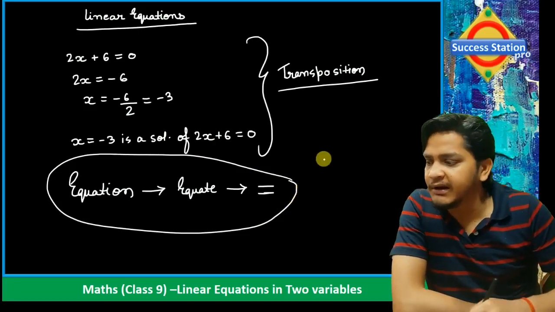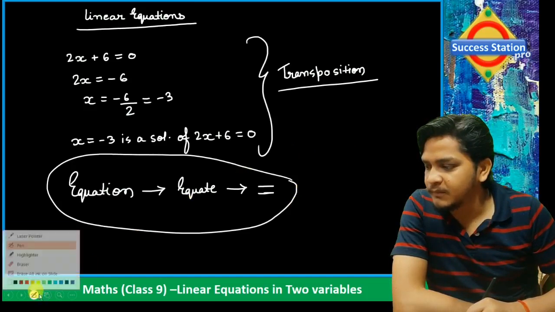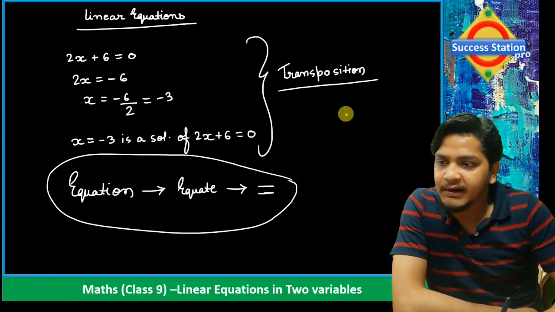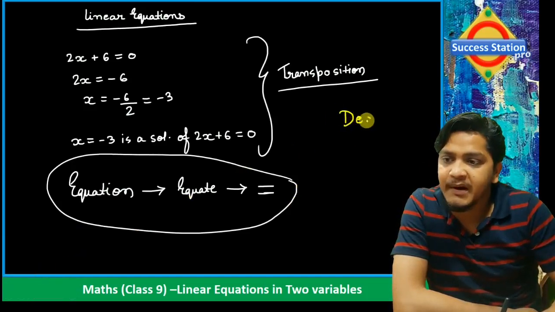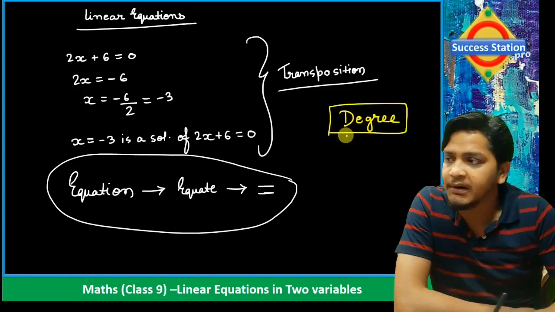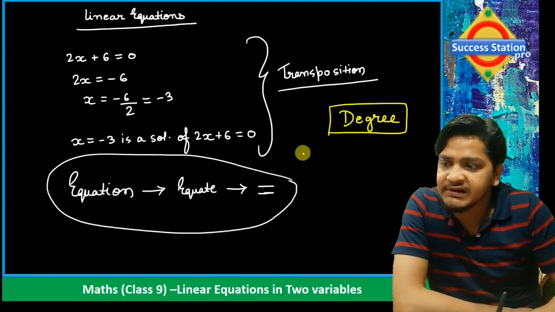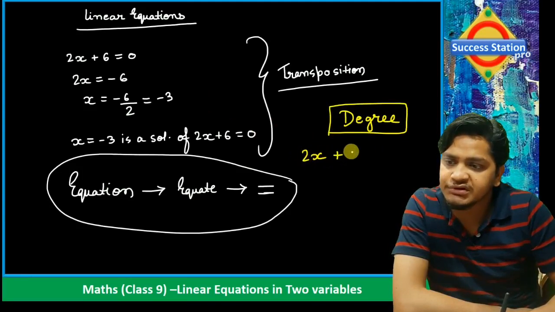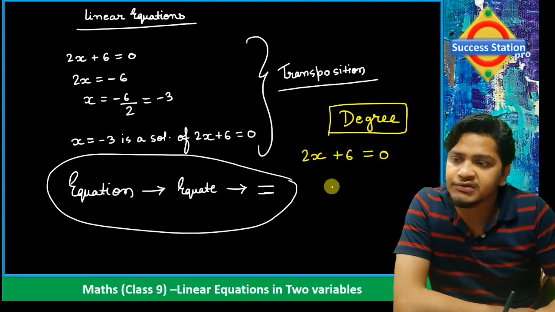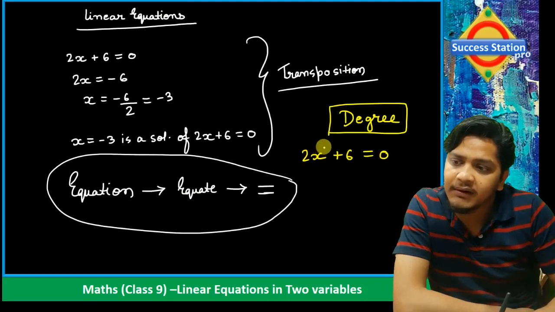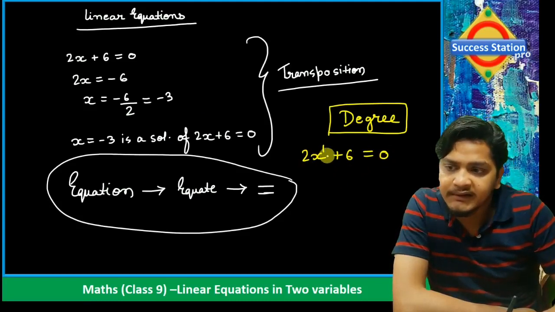You read about degree, right? Degree is the highest power of the variable. Now in 2x plus 6 equal to 0, what is the power of the variable? 1. Does it have any variable?